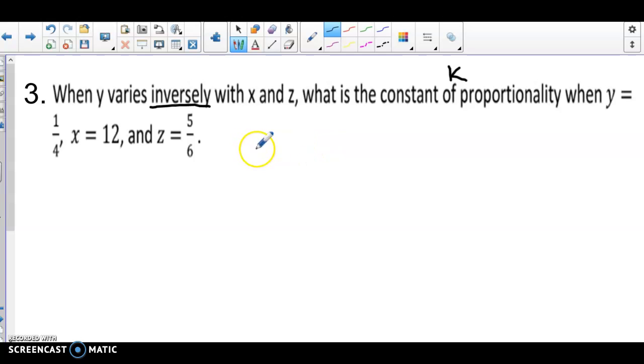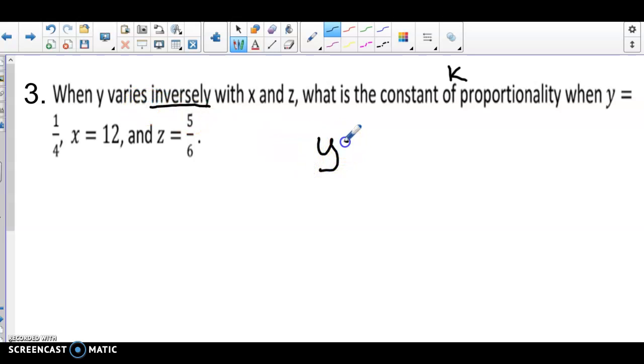So our first step, as always, we want to write a variation equation. It says that y varies inversely with both x and z. So this is going to be a combination sort of, and both of them are inverse on the bottom. Instead of combining direct and inverse, we're combining two inverse things. So it tells us that y varies.